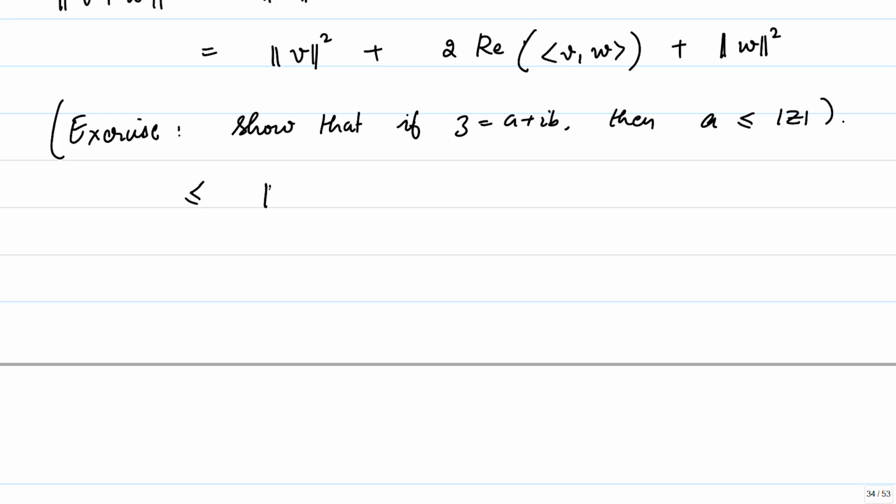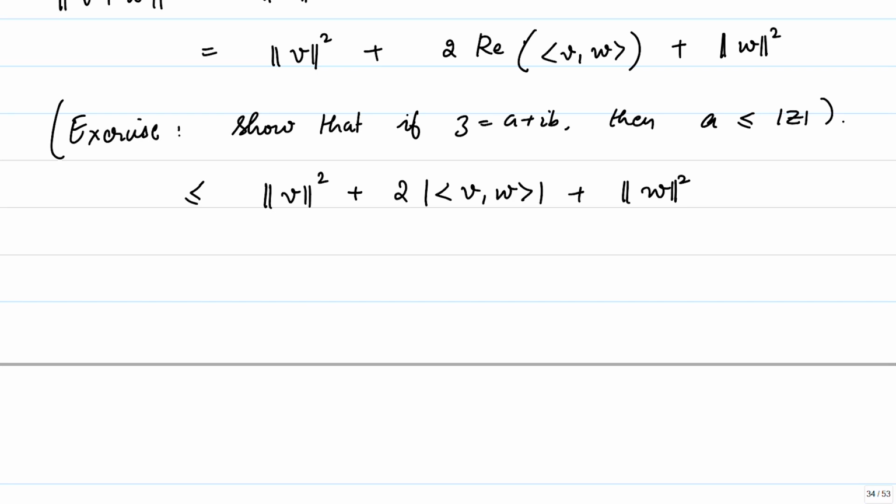this is less than or equal to norm of V square plus 2 times the absolute value of the inner product of V with W plus the length of W square. But what do we know about the absolute value of the inner product of V and W?